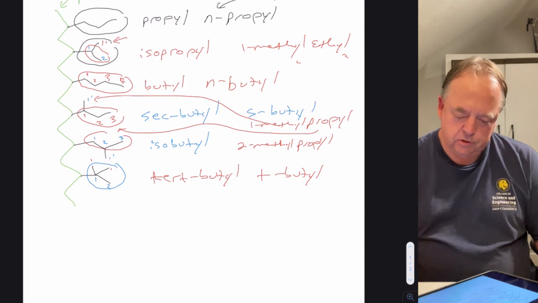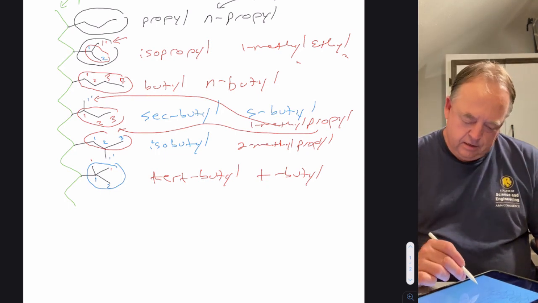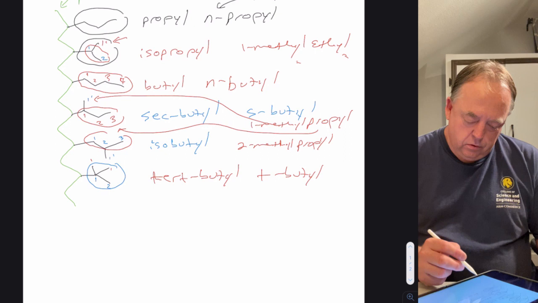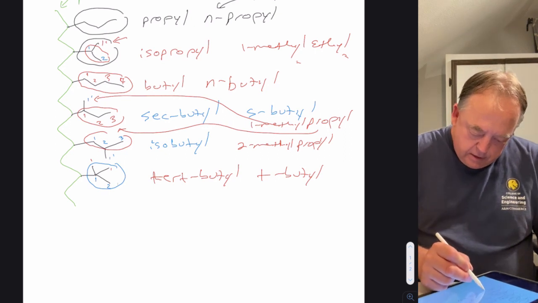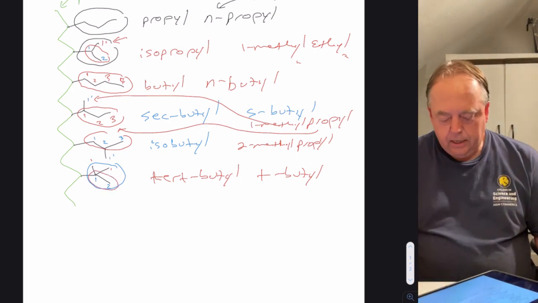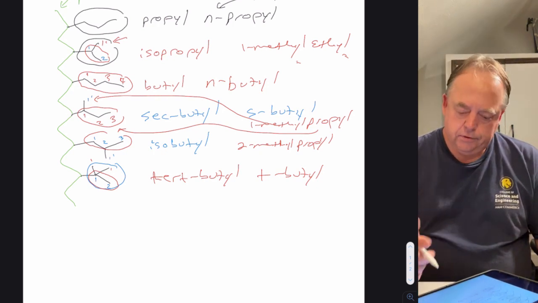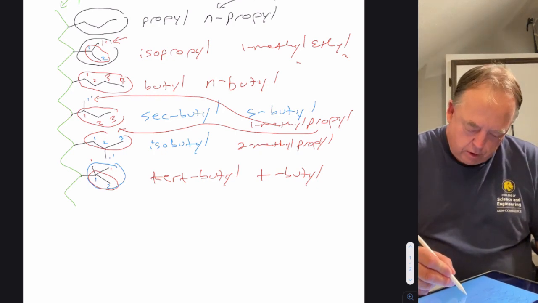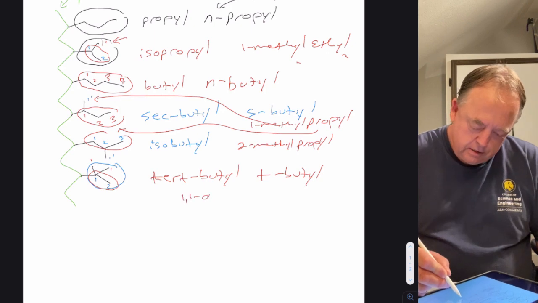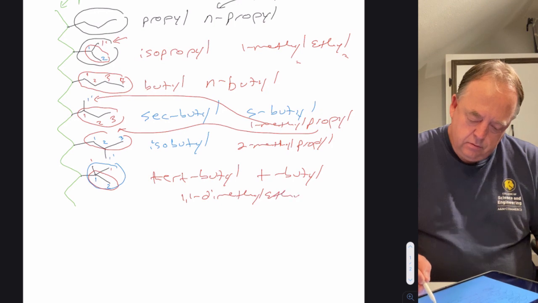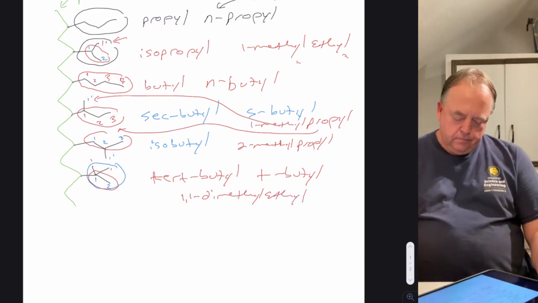Isopropyl is the same thing as 1-methylethyl. And then if we wanted to do the same thing for the tert-butyl, now the parent of the substituent is an ethyl, and there's 2 methyls on the first carbon. So the tert-butyl could also be called 1,1-dimethylethyl. So you see it both ways.